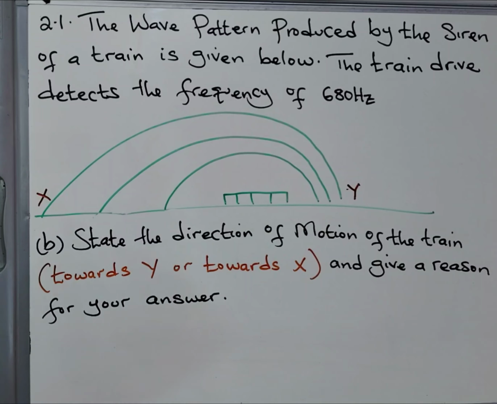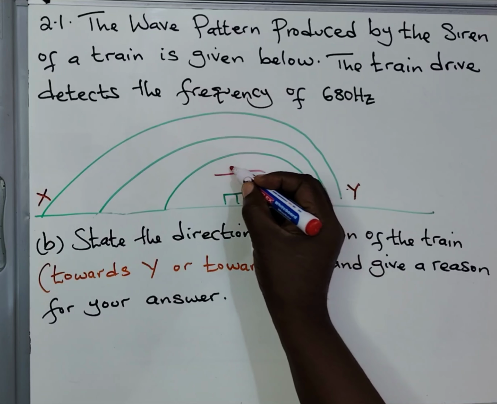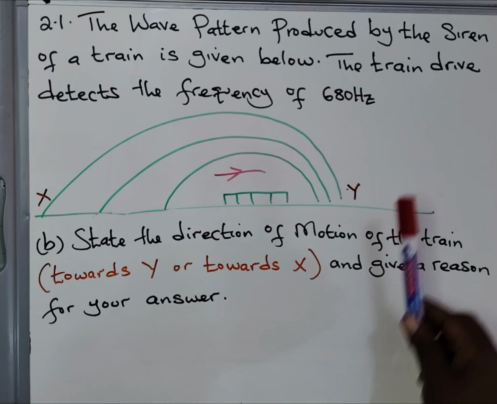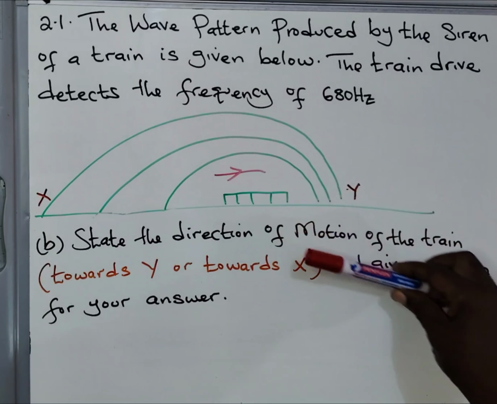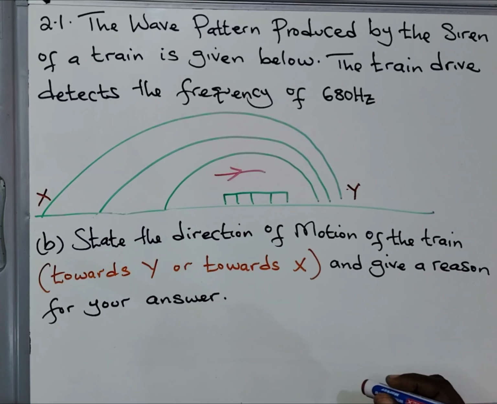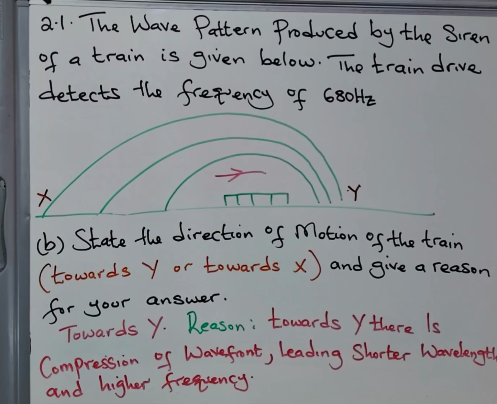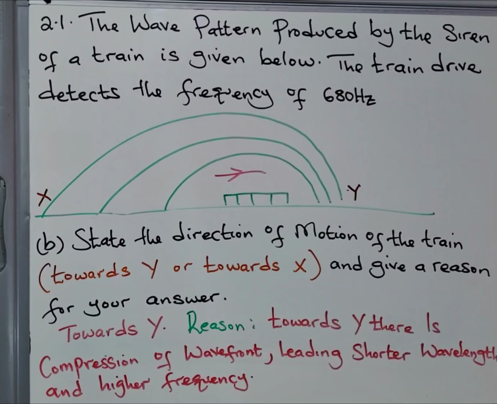Our assessment is that the train is moving towards Y. Reason being that it is towards Y where we experience higher frequency. Yeah, so that is that.